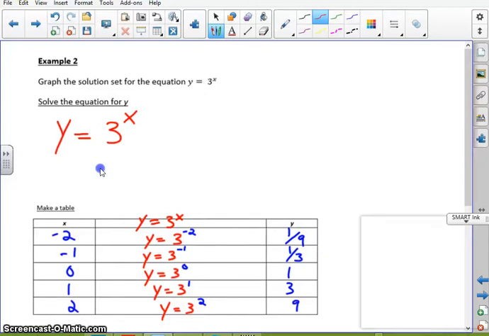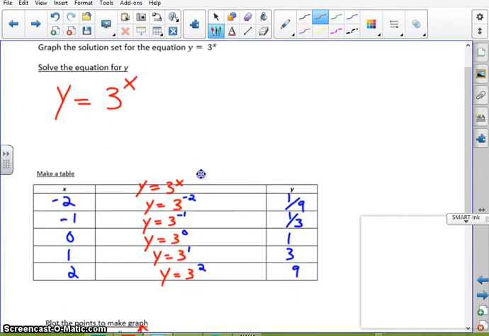Once again, to graph my solution set, I choose my x values. I set up a table of values. So I chose, once again, -2, -1, 0, 1, and 2 for x.